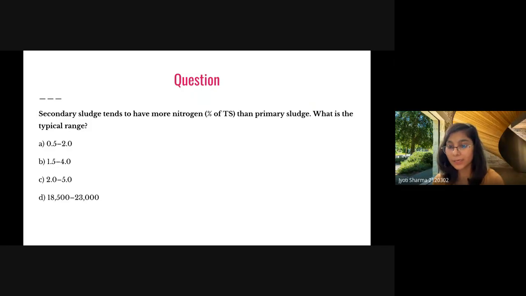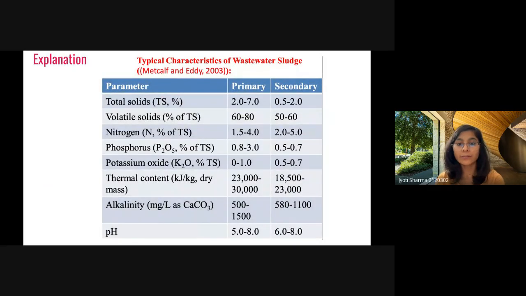Okay, let me see. Everyone gave me answer C. Yes, this is C, but my question is why? Why is there more nitrogen? As I told you in that figure, most of your solid, whether inorganic or organic material, was more in primary sludge as compared to secondary.